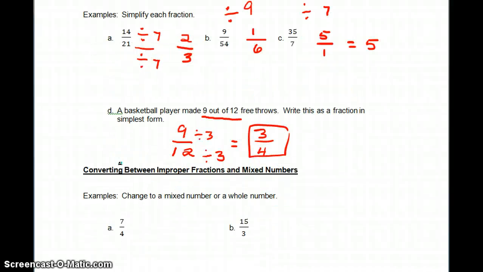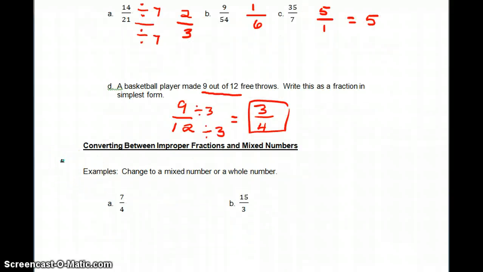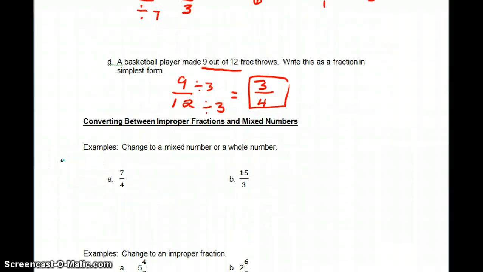The next concept that we are going to work on is converting between improper fractions and mixed numbers. So we need to make sure that we know what improper fractions and mixed numbers are in order to convert between them. An improper fraction is a fraction in which the numerator is larger than the denominator.